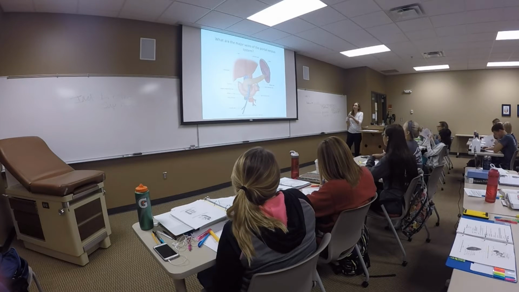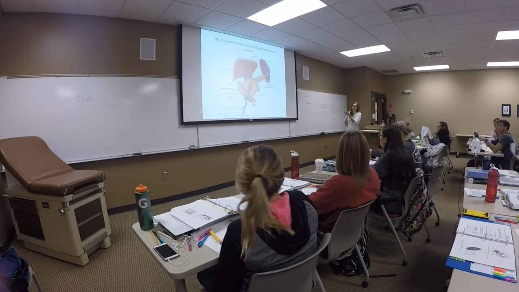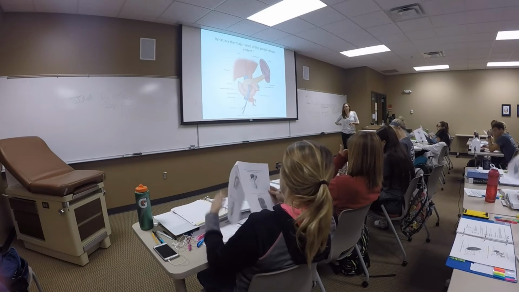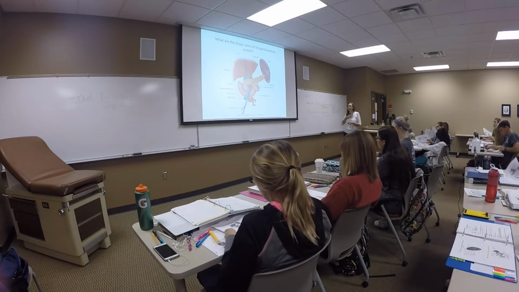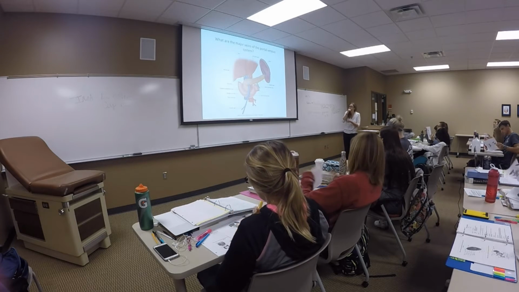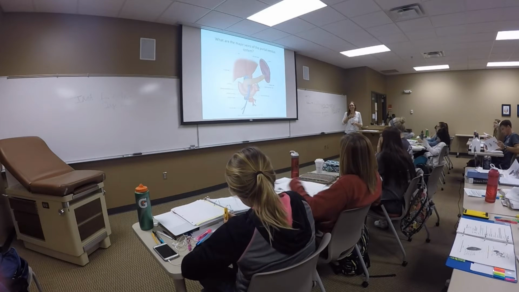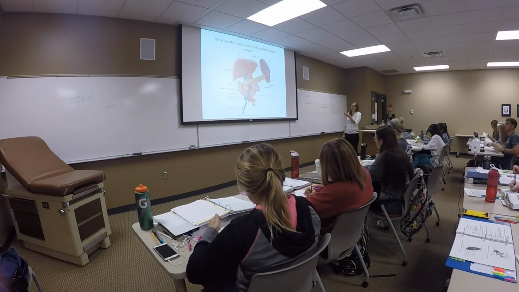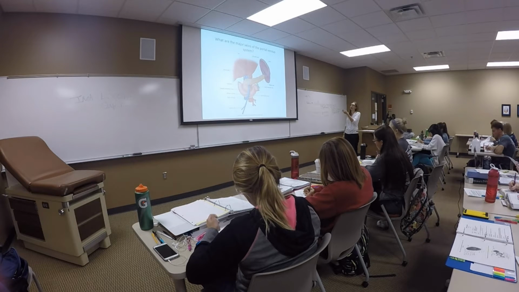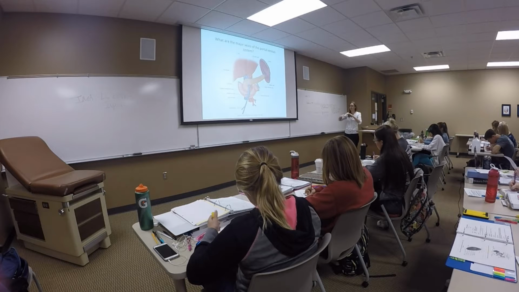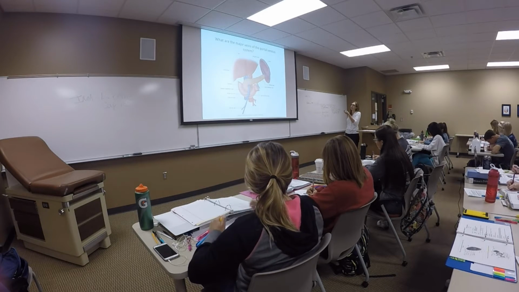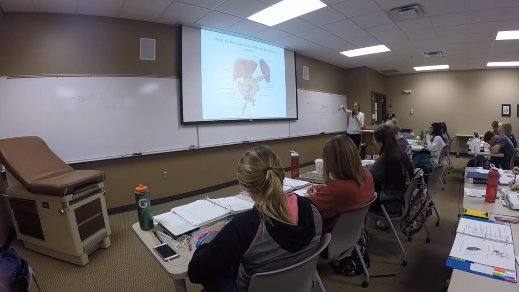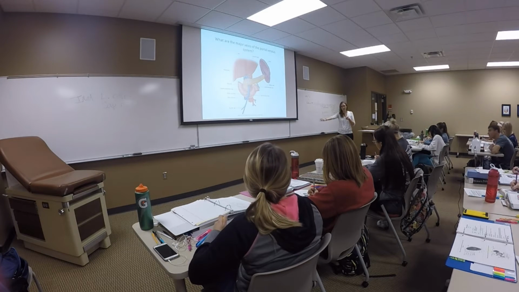Remember, our portal system is everything that empties into the portal vein, which then goes through and branches out in the liver through the capillary beds of the liver, and then they come together on the other side of the capillary bed into the hepatic veins, which then empty into the inferior vena cava.